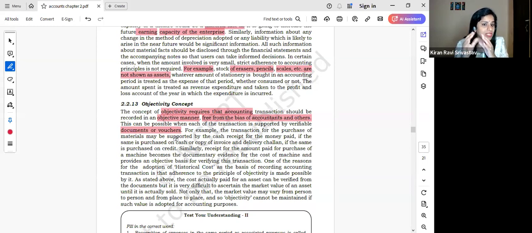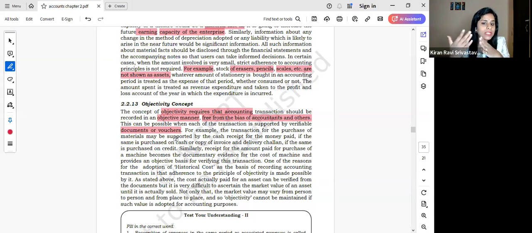But suppose the bill is lost, and the manager tells, for his personal gain, oh, I bought the cupboard and the bill is lost, and then he's telling that the cupboard was bought for 5 lakh rupees. And in reality, the cupboard was bought for 1 lakh rupees. So he's giving false information to the accountant that it was bought for 5 lakh rupees to just keep 1 lakh, give 1 lakh to the company and give 4 lakh to himself.